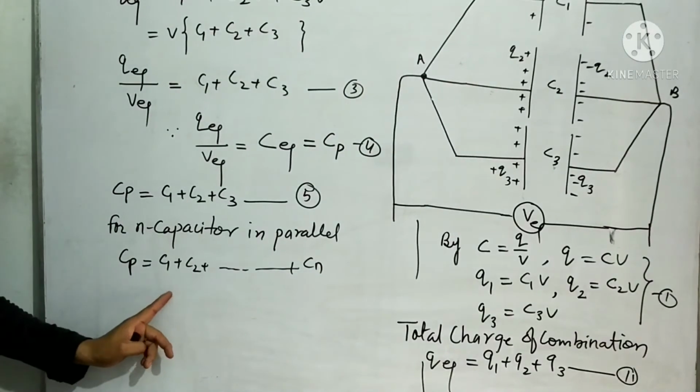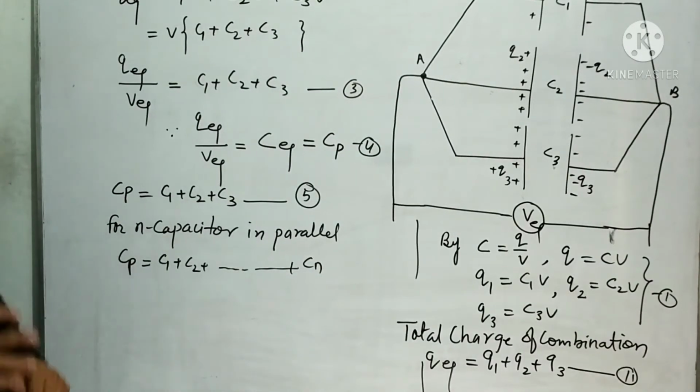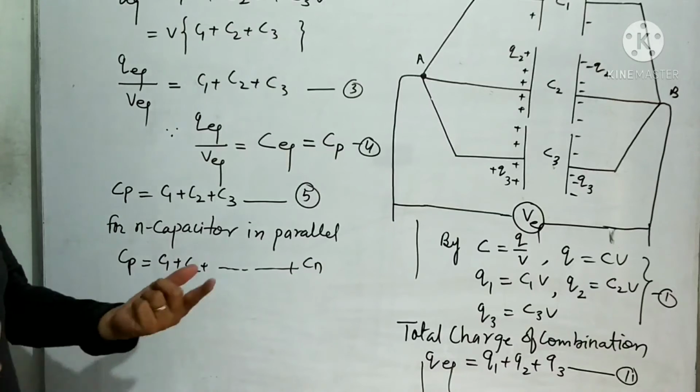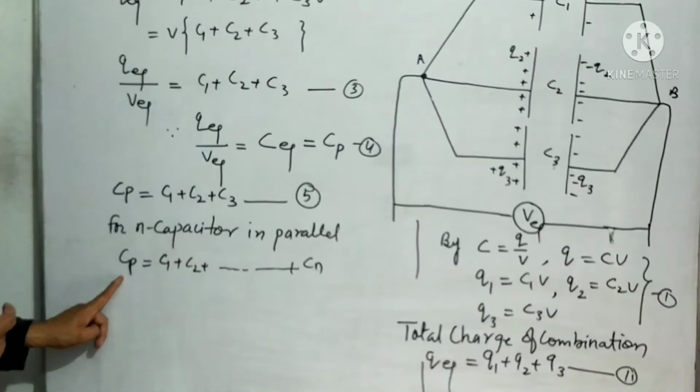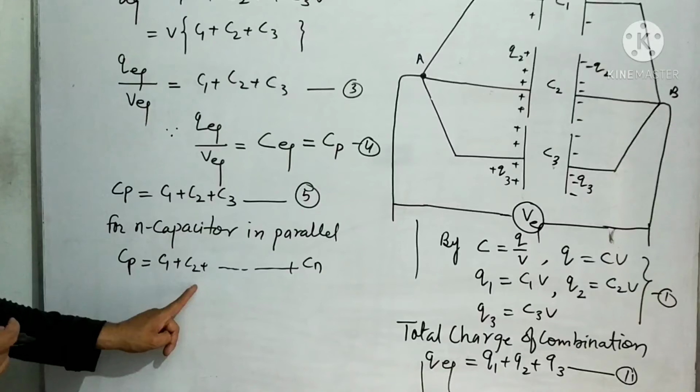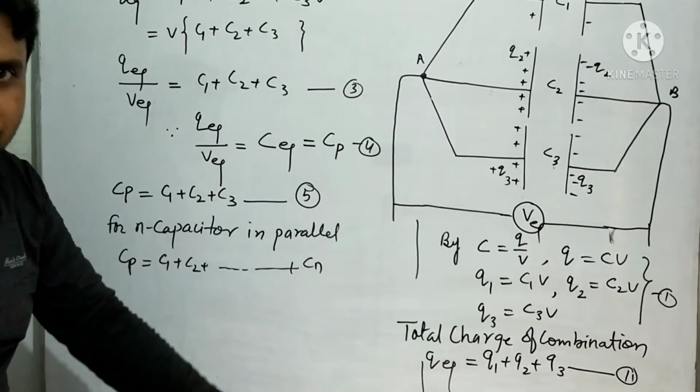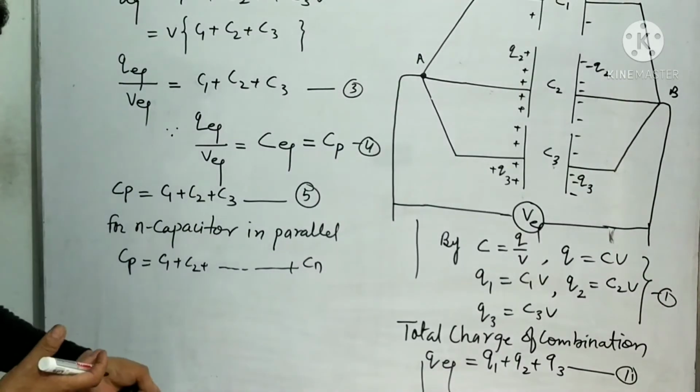Any problem? I think there is no problem. So how can we state it here? The equivalent capacitance must be equal to the sum of all the capacitances of the individual capacitors. Clear? May I write it here?